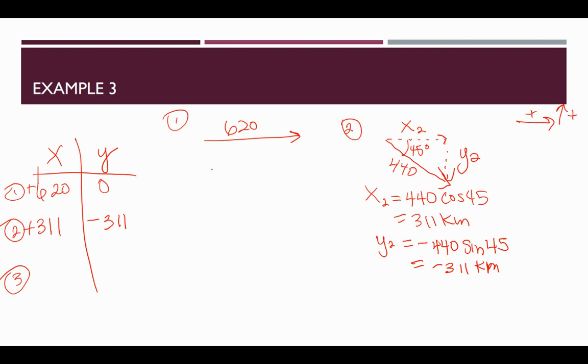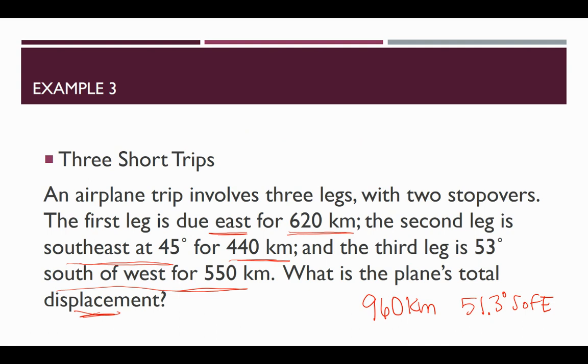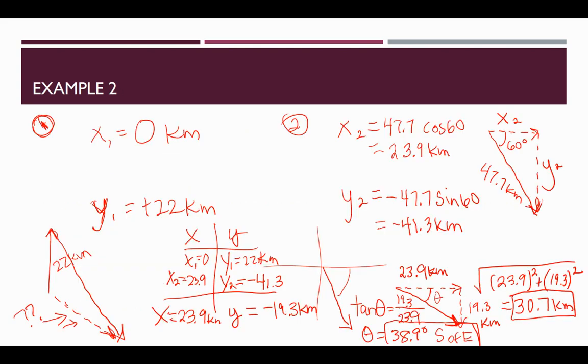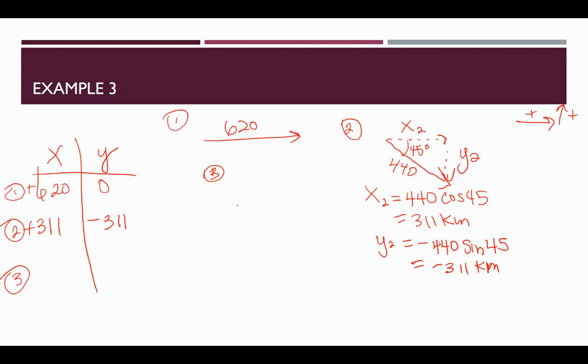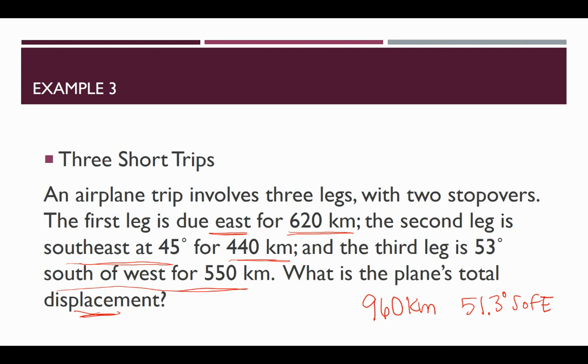And then for my last leg, not 1, but 3, I have 550. That's 53 degrees south of west. So again, I'm orienting it correctly. South of west. So obviously this is the west direction, and south of that would be 53 degrees.